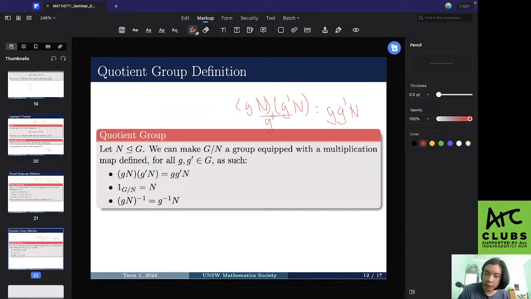So we have g dash N in this case, and then we just have N times N. We know that a set multiplied by itself is just itself. So overall, we have the multiplication gN times g dash N being equal to g g dash N. We also have an identity element, which is just N, and an inverse, where the inverse of gN is g inverse N.